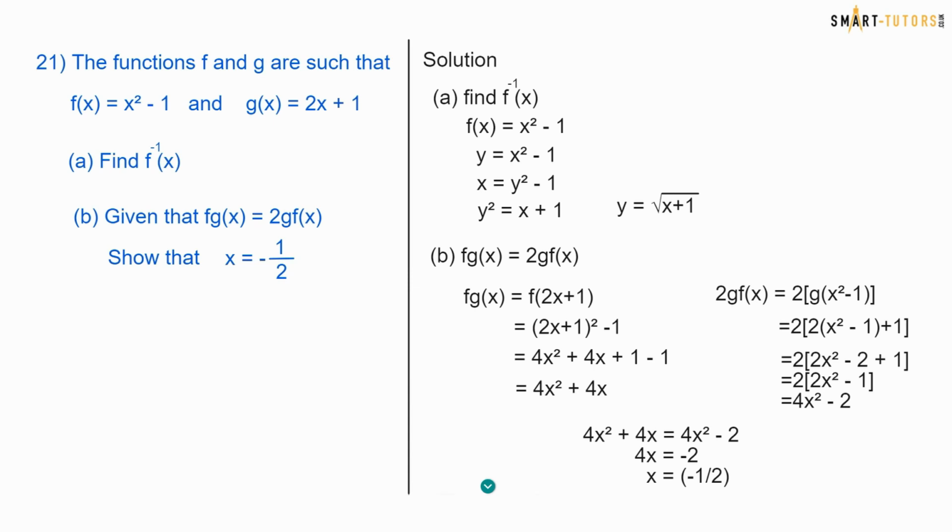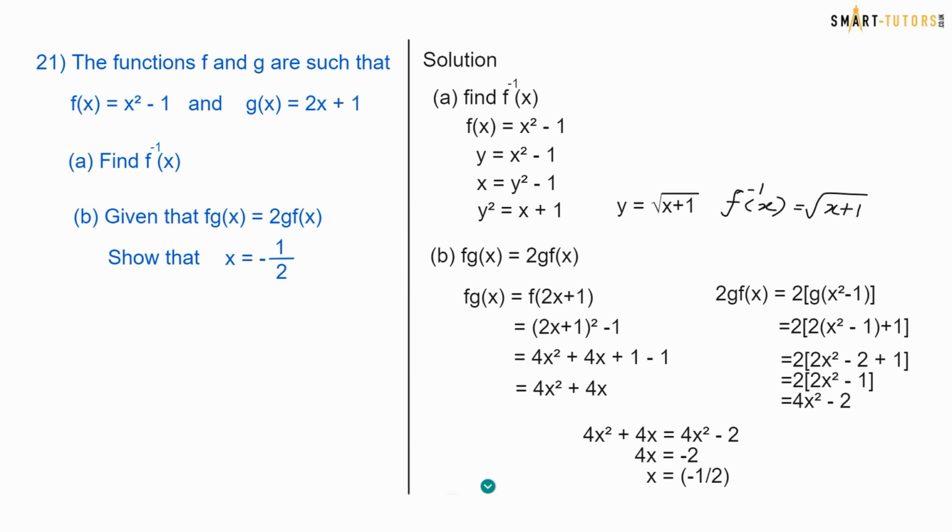So y squared equals x plus 1, y equals square root of x plus 1. So that means the f inverse function is square root of x plus 1. That is the answer for the first part of the question.